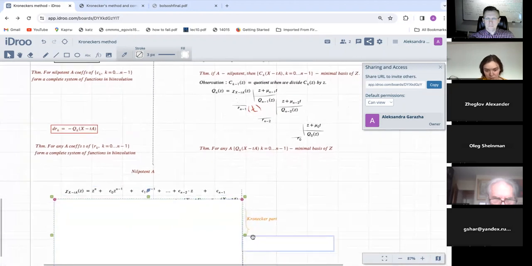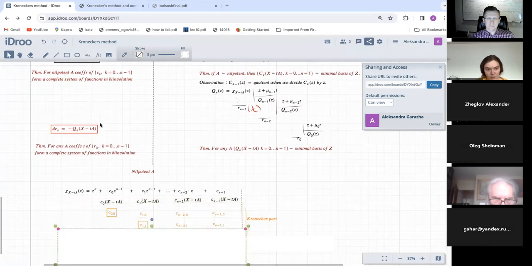First of all, we want to obtain the Kronecker part. So we take the characteristic polynomial, then we take its coefficients, then we substitute x.